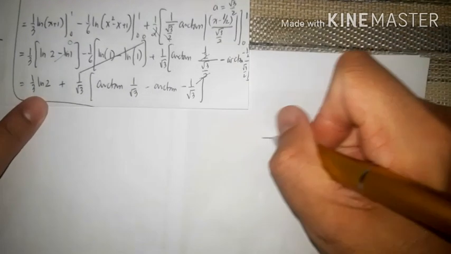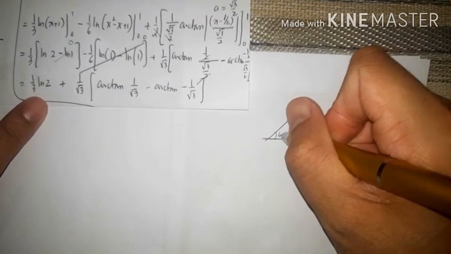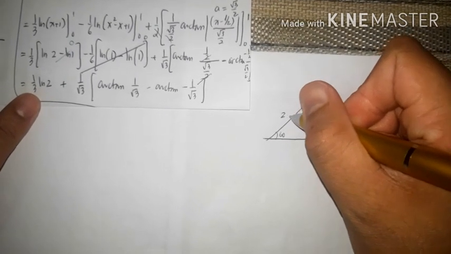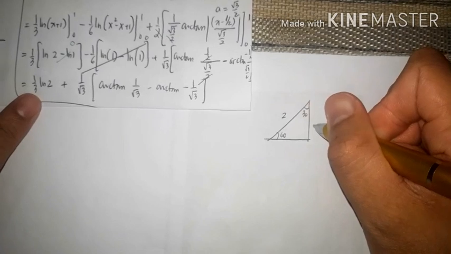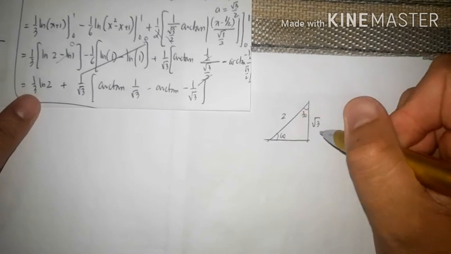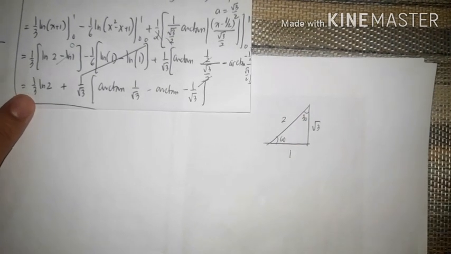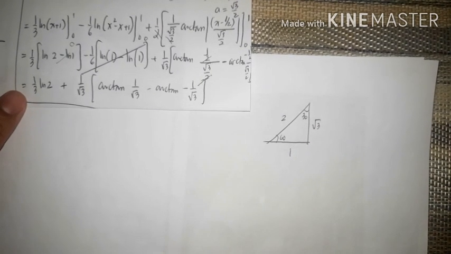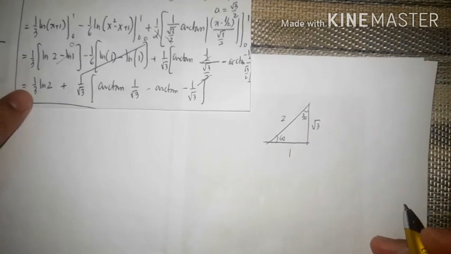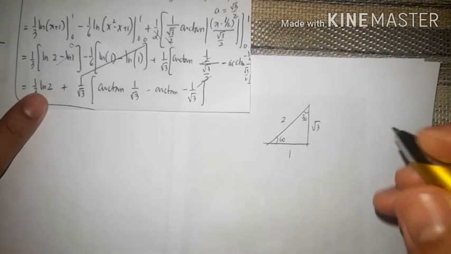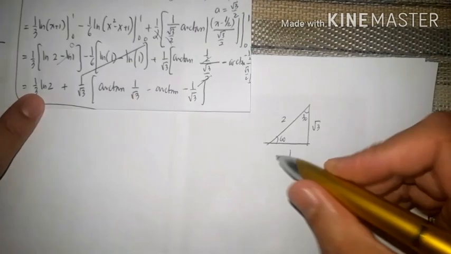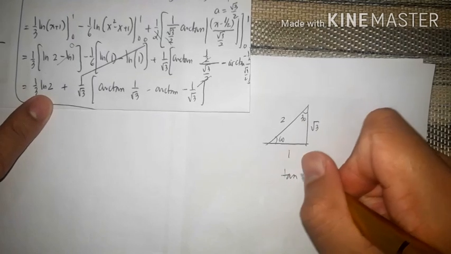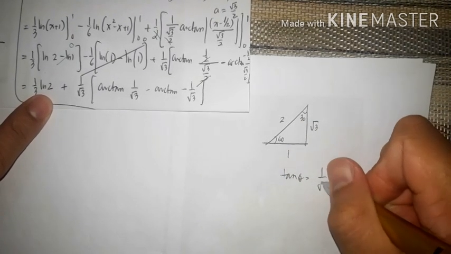Okay, we have a triangle here, a 30 degree by 60 degree triangle. You have the hypotenuse 2, opposite to 60 is square root of 3, adjacent to 60 is 1. So that's a special angle 60-30 using circular functions. Using arctangent, if arctangent 1 over square root of 3 is theta, then tangent theta is 1 over square root of 3.